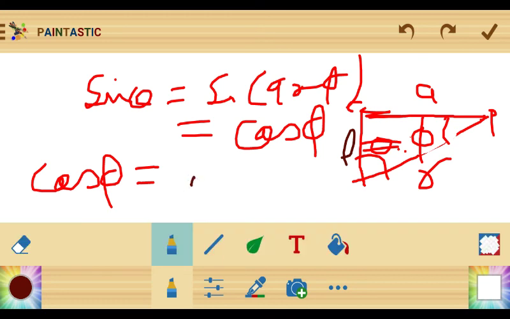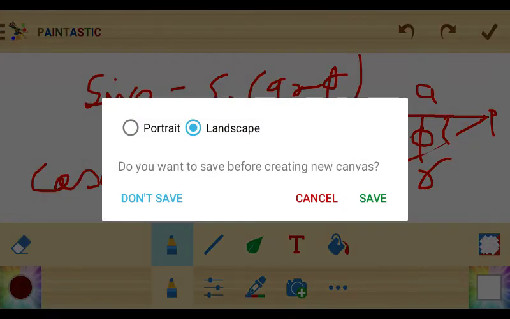The base is a and the hypotenuse is r, so cos phi is equal to a upon r.